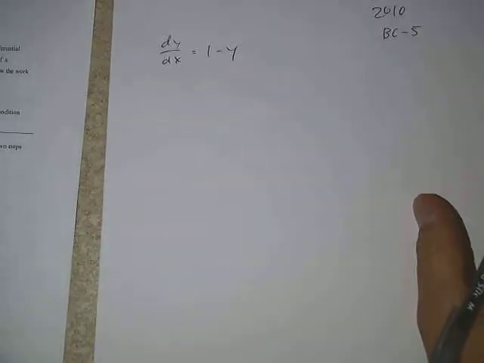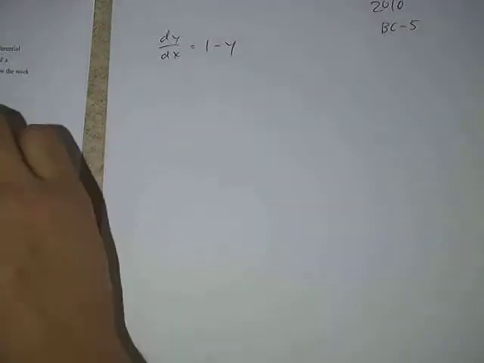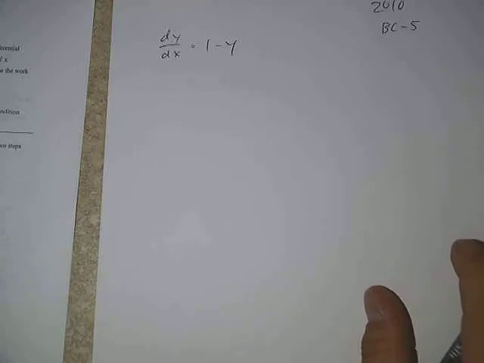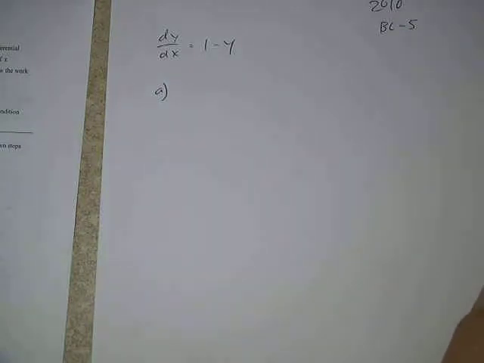So the information that we're given is that we have a differential equation, 1 minus y. We have an initial condition given, and it says for this particular solution, f of x is less than 1 for all values of x, so keep that in mind.